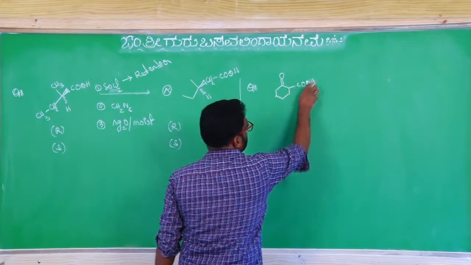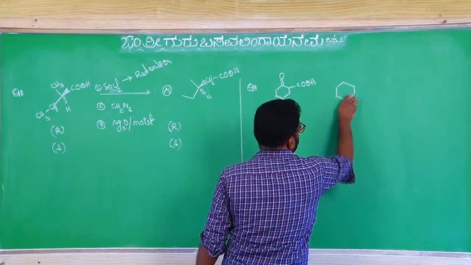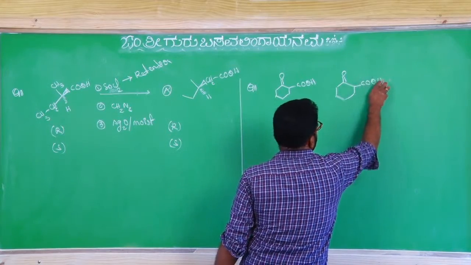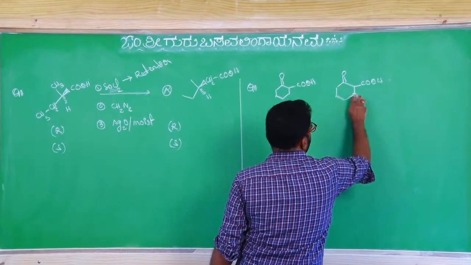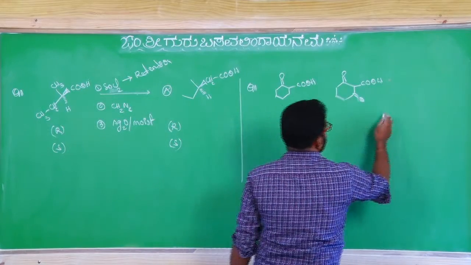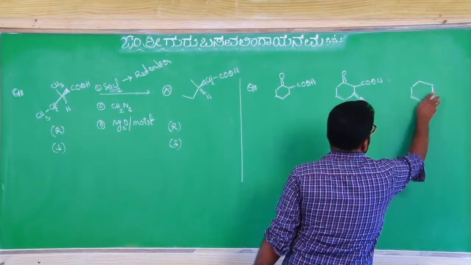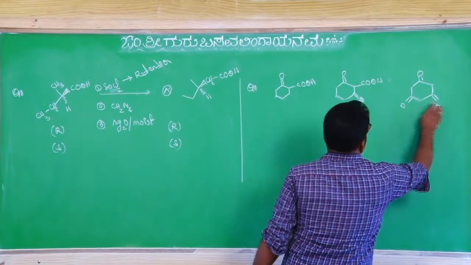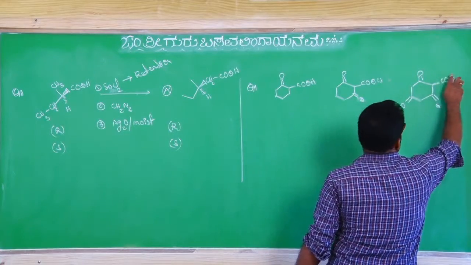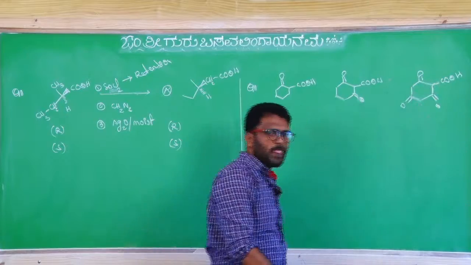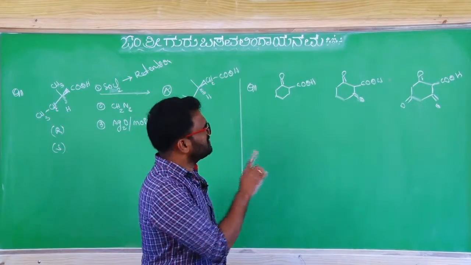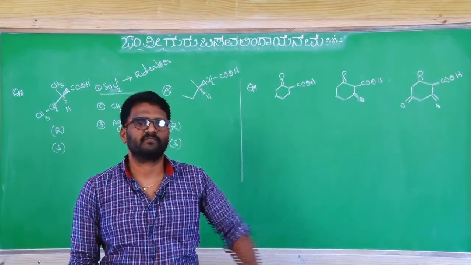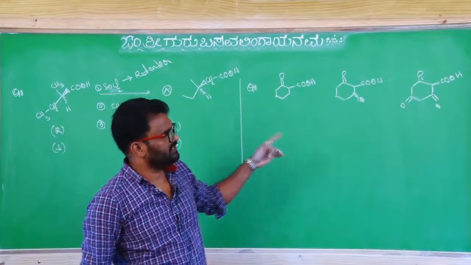This is COOH. Next, COOH, this is C double bond O. And next. Among the three, which one will easily undergo decarboxylation?